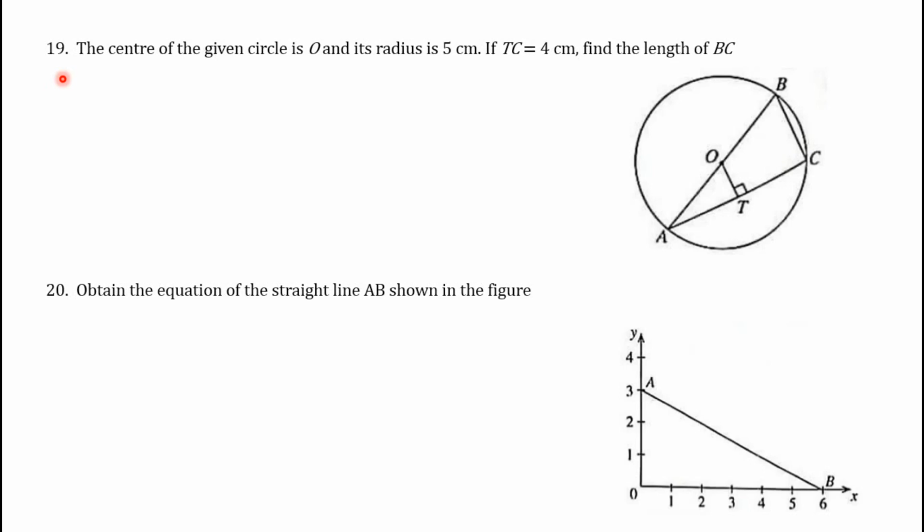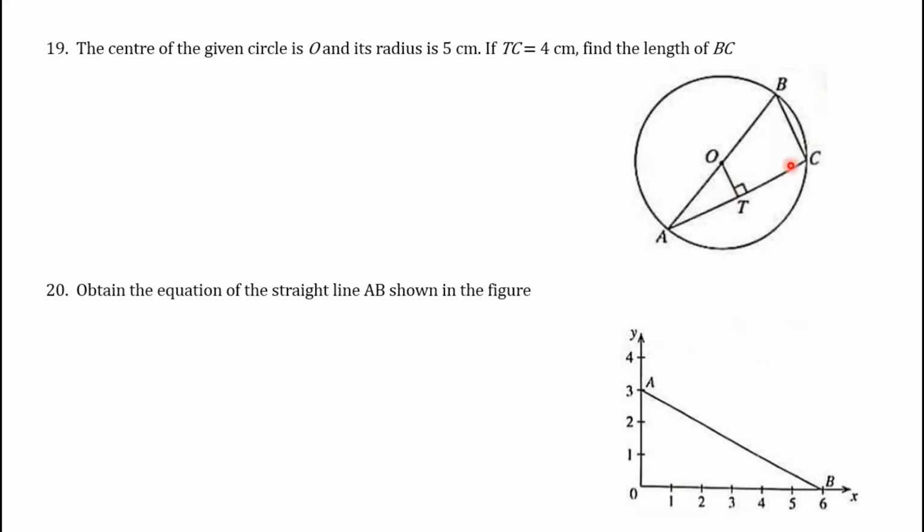Question number 19. The center of the given circle is O and its radius is 5 cm. So this will be 5, this will be 5, and if TC, this length, is equal to 4 cm, find the length of BC. We should find the length of this. When you see this diagram, you get an idea of the equiangular triangle, because this is 90.